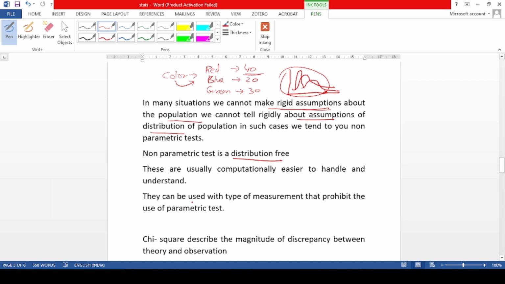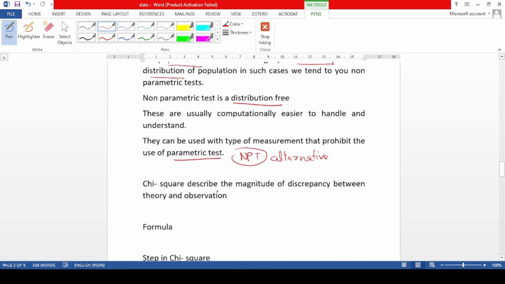They can be used with types of measurements that prohibit the use of parametric tests. If the parametric test is not able to solve the problem, or the parameters are not available, we tend to use the non-parametric test as an alternative to that parametric test.